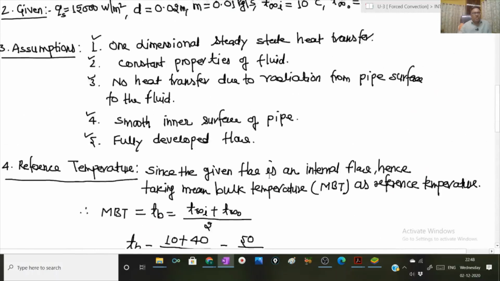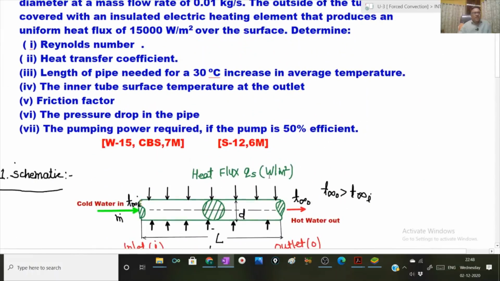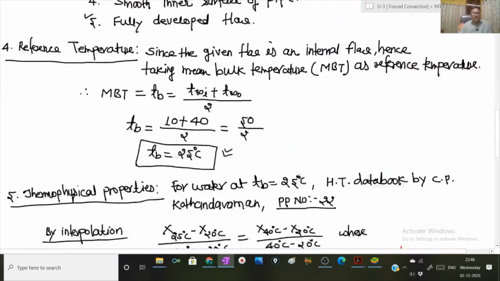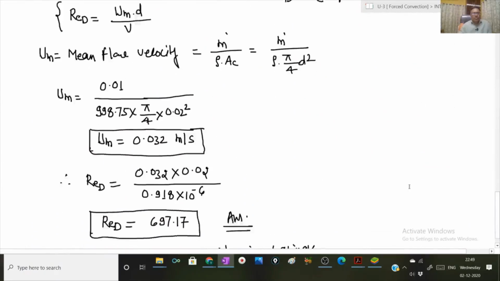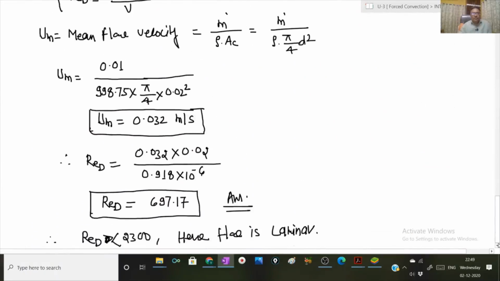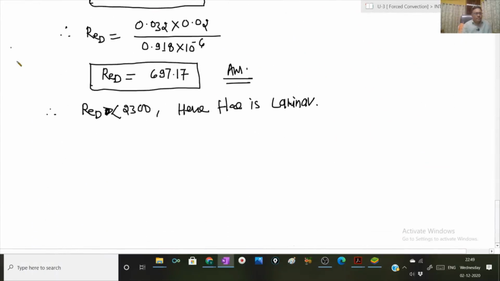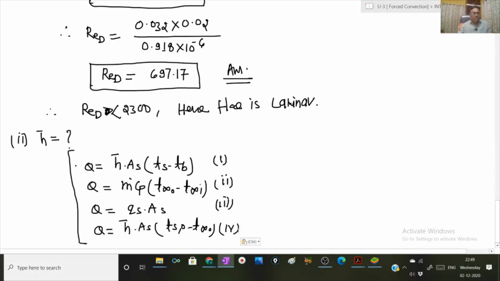Point number 2 is to calculate heat transfer coefficient. So we will be calculating average heat transfer coefficient. Now, before doing this calculation, may I request all of you to write down these formulae first.